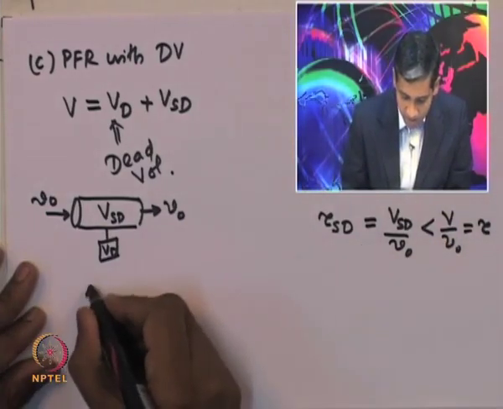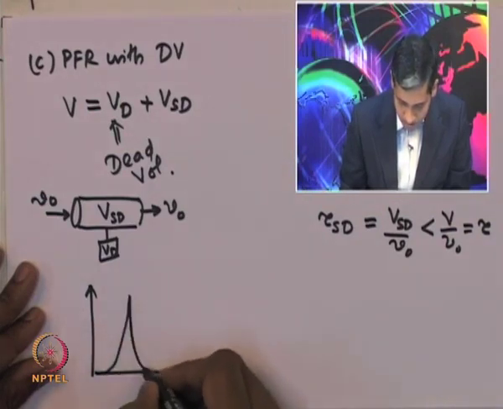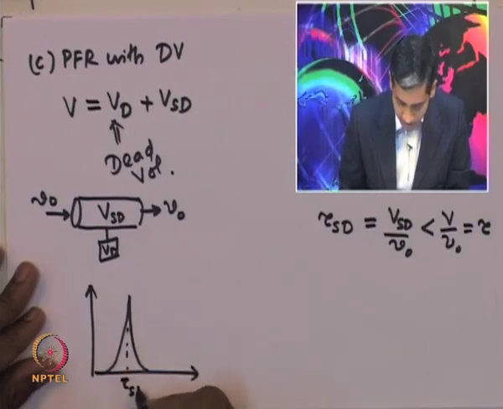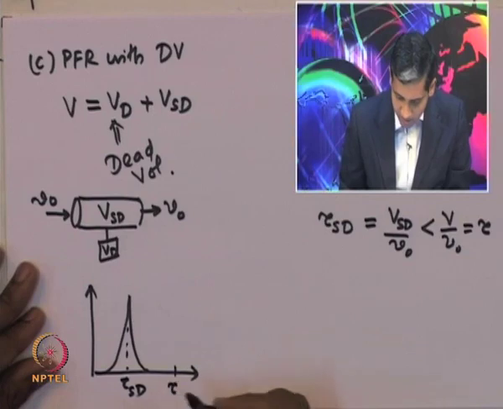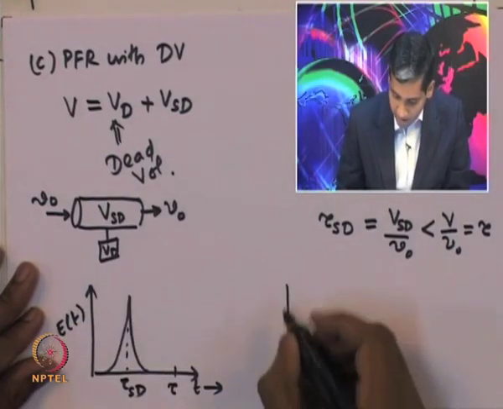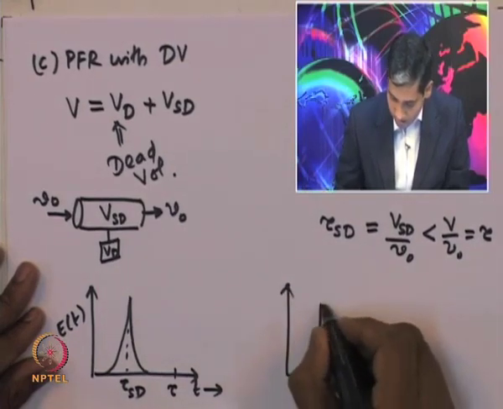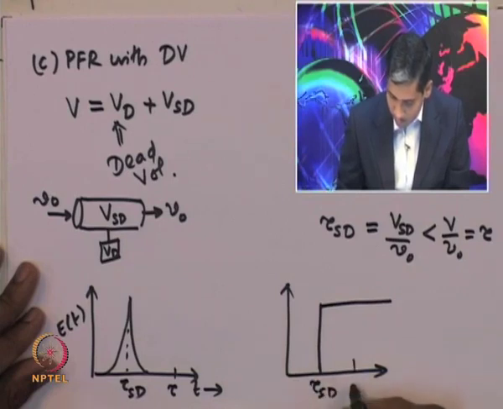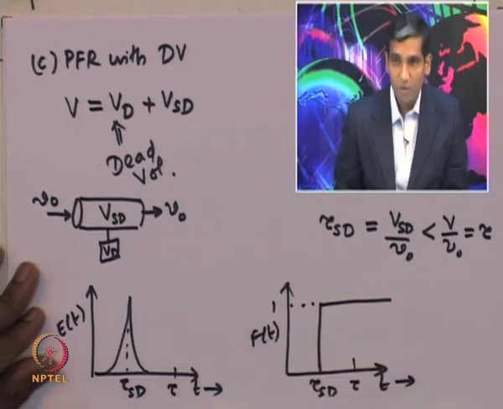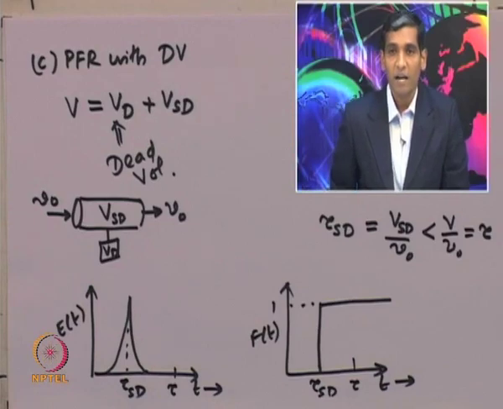And so, the E curve would look like this: there will be one delta function centered at tau St, and the space time will be much later. That will be the E curve, and similarly the F curve will be like this. So that is the E curve and the F curve for a plug flow reactor with a dead volume.